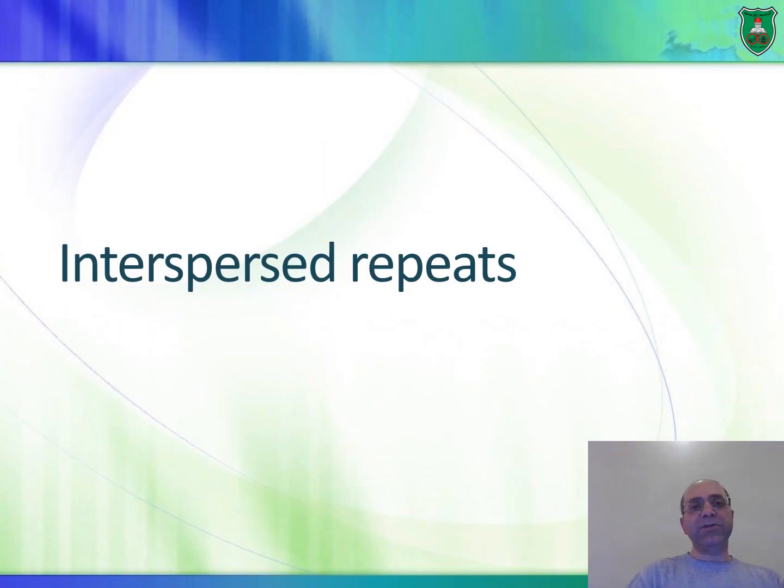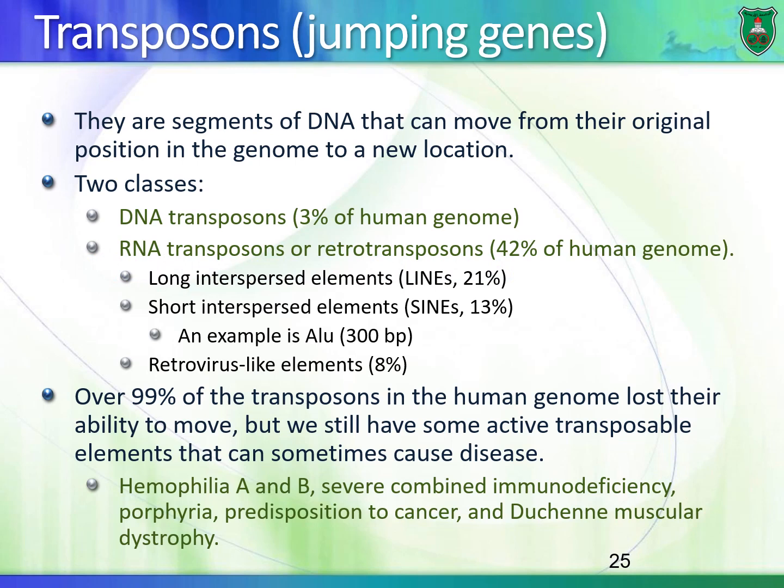Well, how about interspersed repeats? These are the repeats that make up the majority of the human genome. Now, these interspersed segments are also known as transposons, which means jumping genes. Okay, so these are really segments of DNA that can move from one place to another in our genome.